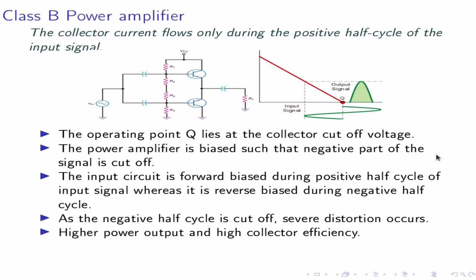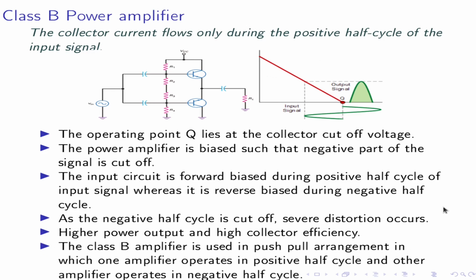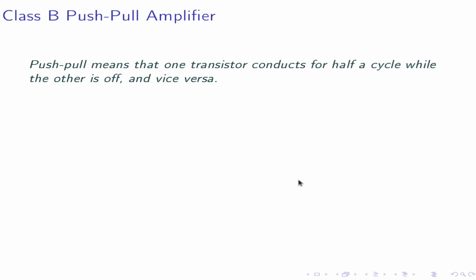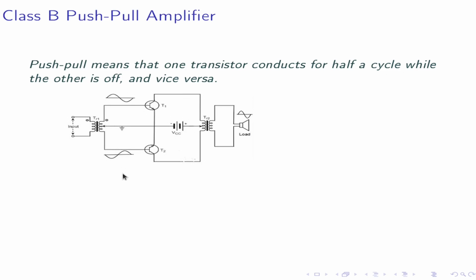High power output and high collector efficiency are there in Class B power amplifier. Class B power amplifiers are used in push-pull arrangement, in which one amplifier operates in the positive half cycle and the other amplifier operates in the negative half cycle. Class B push-pull amplifier. Push-pull means one transistor conducts for half a cycle while the other is off and vice versa. This is a push-pull Class B power amplifier.